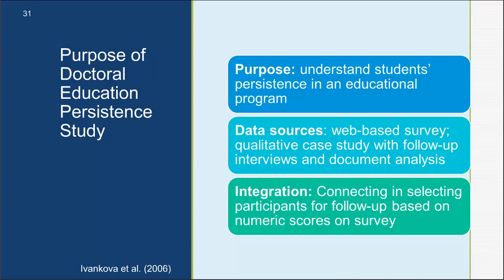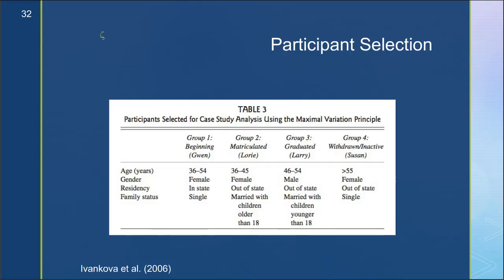But in particular, I want to show you this table that she used to show participant selection. So this is organized by 4 quantitatively distinct groups. So those who are beginning in the program, matriculated, graduated, withdrawn, inactive.